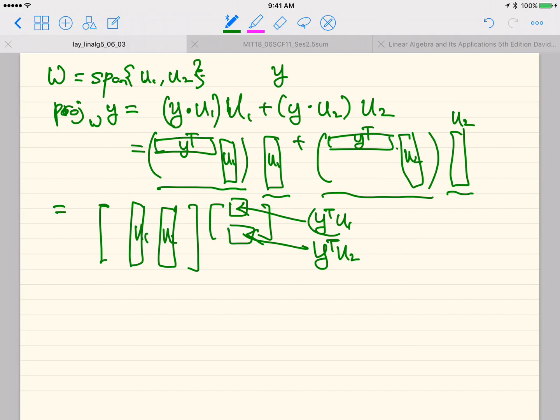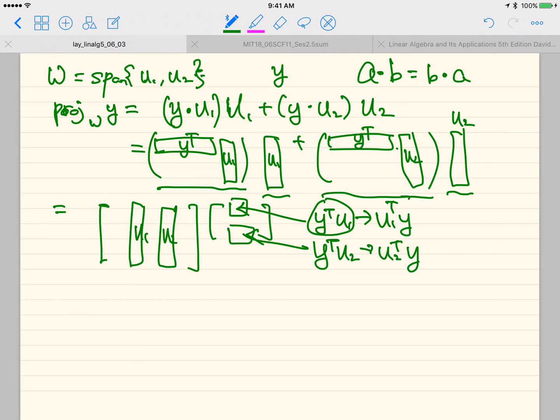And then let's change the order within this inner product as U1 transpose y and U2 transpose y. We can certainly do that because we know A inner product with B is the same as B inner product with A, right? Okay, so far so good.